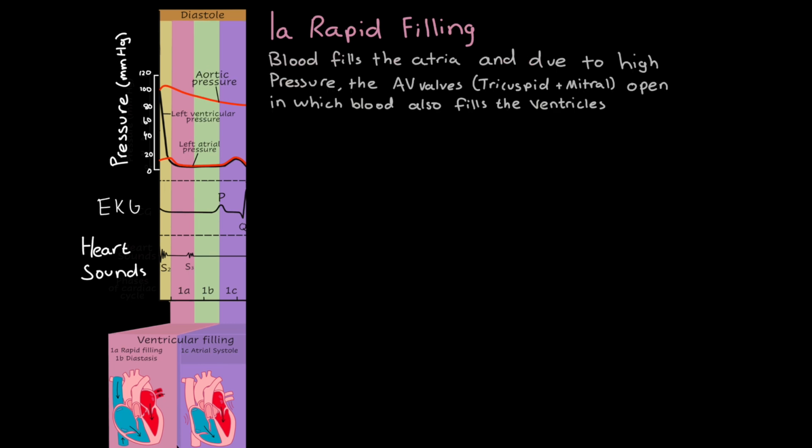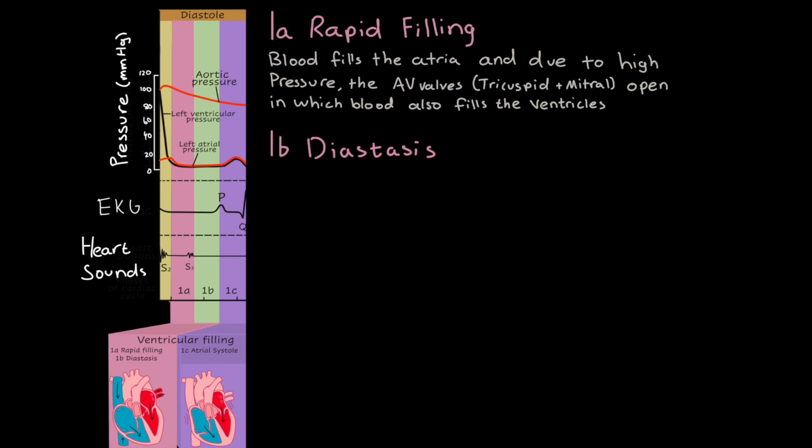Now, to put everything into context, let's discuss the phases of the cardiac cycle. Now, the first phase is known as ventricular filling, and as the name suggests, this is when the ventricles fill with blood. Now, ventricular filling is broken down into 3 components. The first component is known as rapid filling, and this is, as the name implies, when blood rapidly fills the ventricles due to high pressure of the atria that has been built up, which causes the AV valves to open.